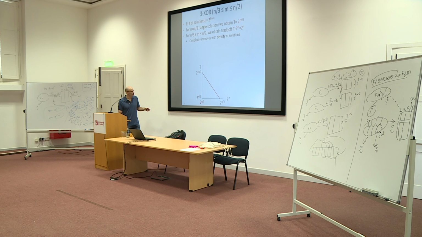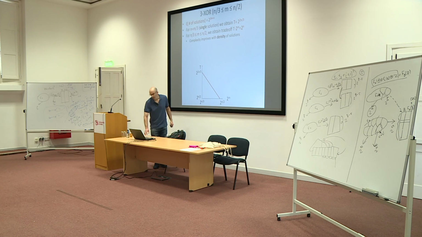This is 2 to the m, the size of the domains of the functions f1, f2, and f3, and this is the time complexity. So for 2 to the n over 3 domain size, we have this complexity. And for m equals n over 2, we have time complexity of this point, 2 to the n over 2. This is the trade-off curve.